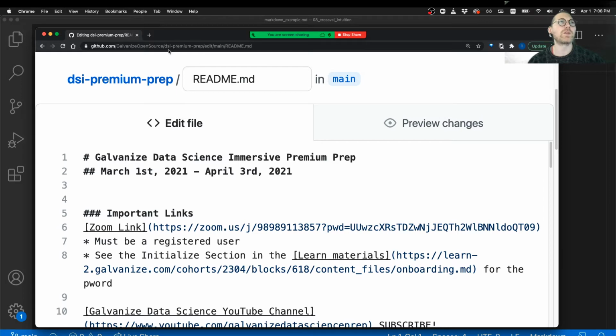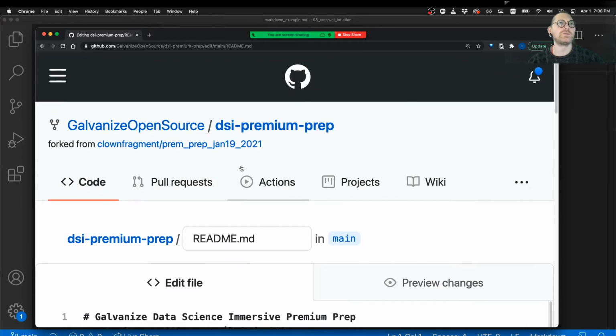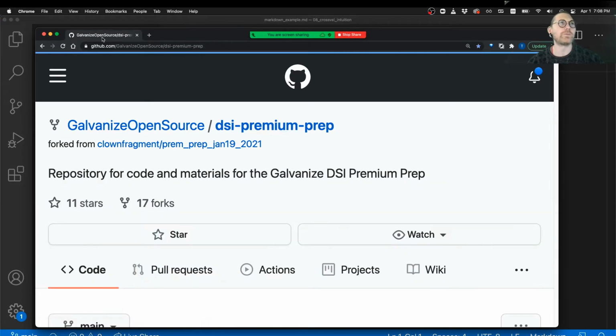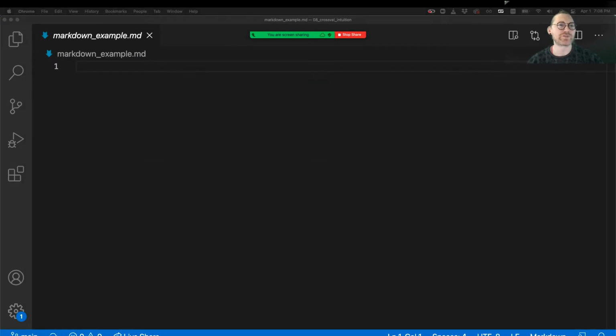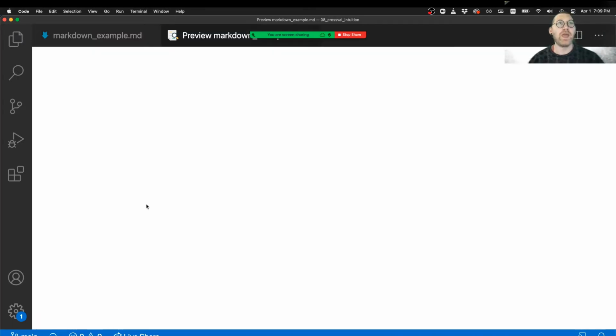So I'll go ahead and not change this file at all. And I'll just start from scratch with ideas in Markdown. If you're using VS Code, you can hold Shift, Command, and hit V, and that'll make a preview of the Markdown.